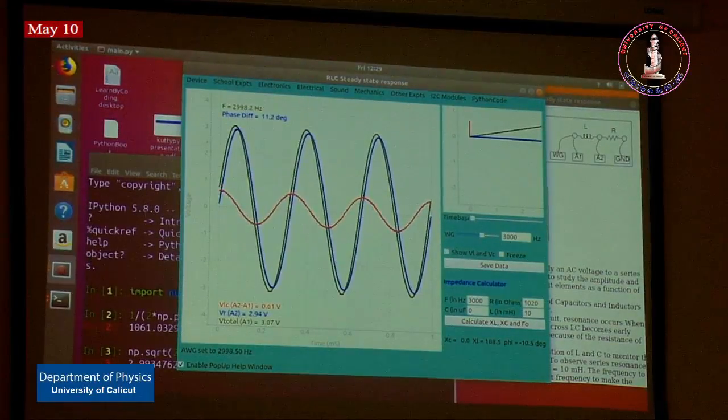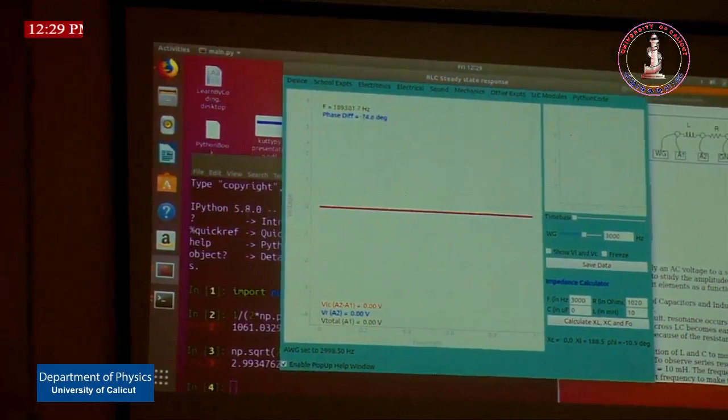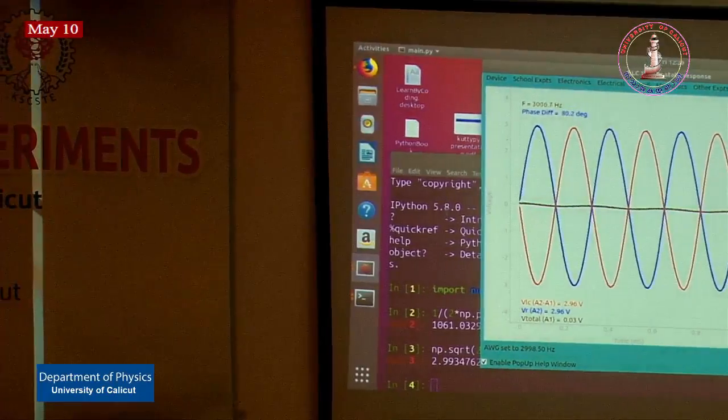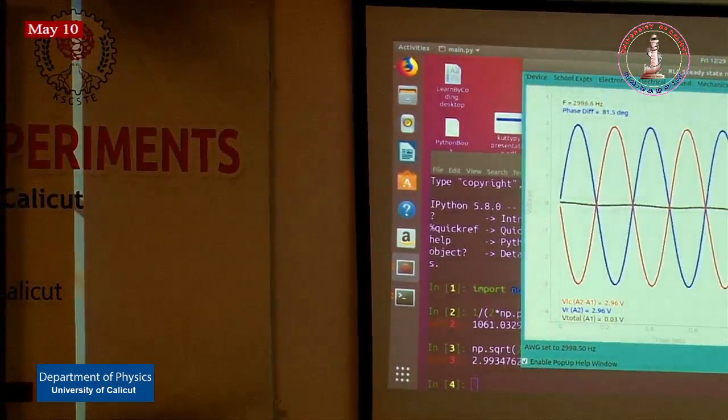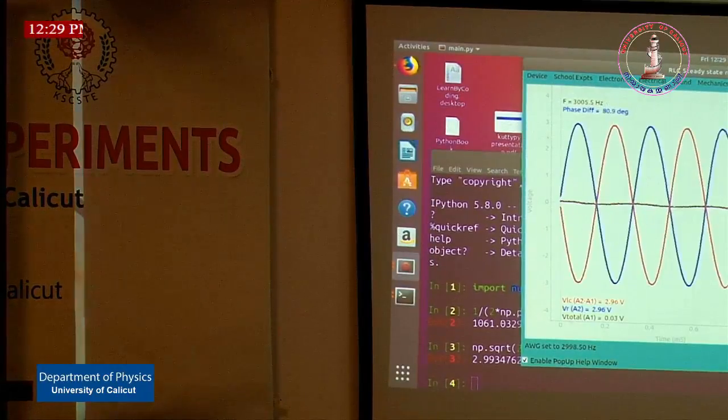Now I am going to the third stage. If you are not catching up, you can do it at your own pace. I am going to change it now: put the capacitor back. So now all these elements are present.